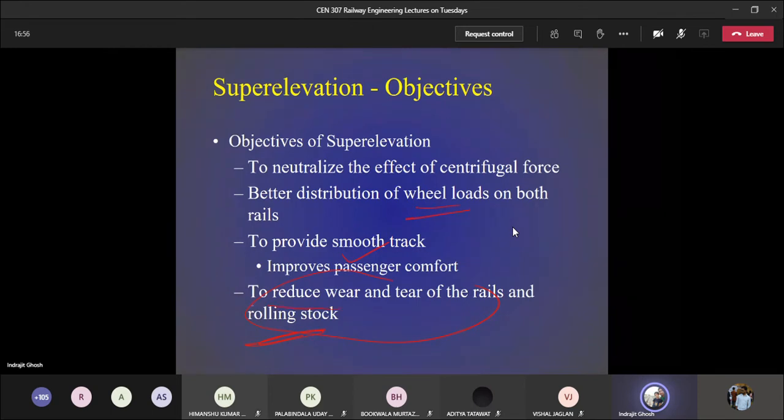So you need to think about the rolling stock as well, not only the rails. Better distribution of wheel load on both rails and wearing and tearing of rails and rolling stock are somewhat related to each other.